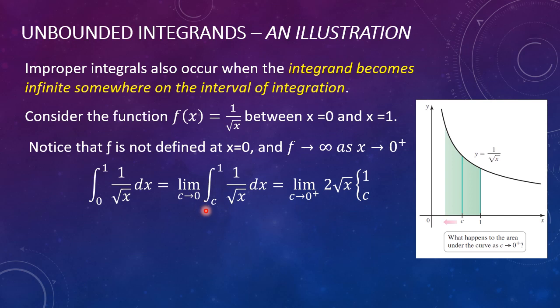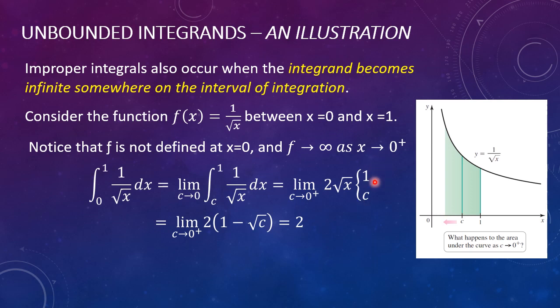As we do that, notice the integral of 1 over the square root of x gives us 2 times the square root of x. And again, we're going to evaluate that from c to 1, and apply the limit as c approaches 0 from the positive direction.